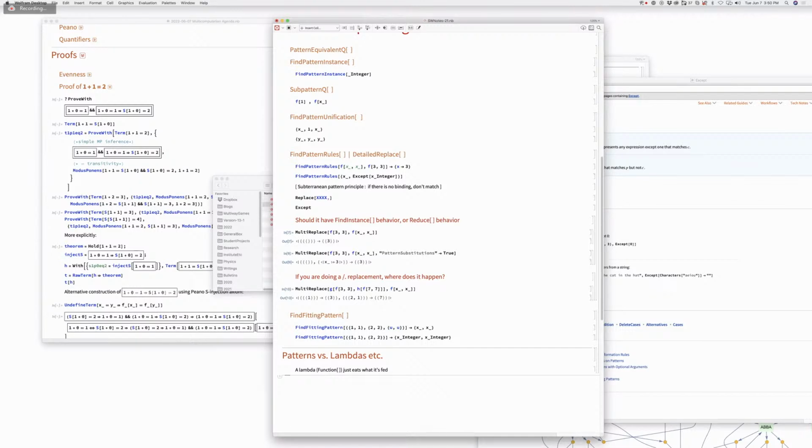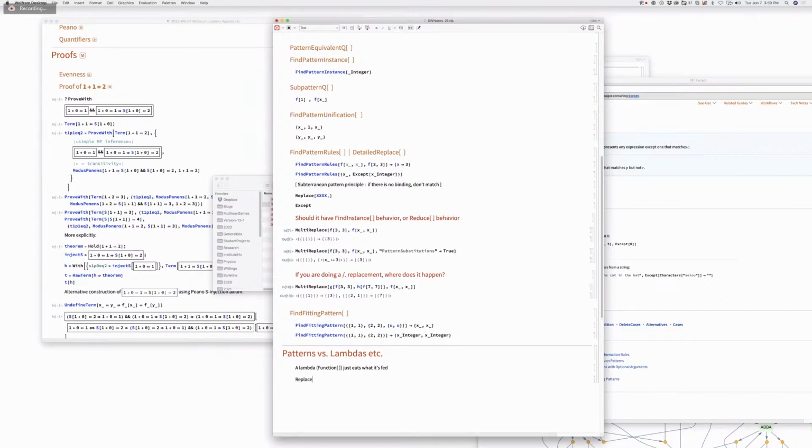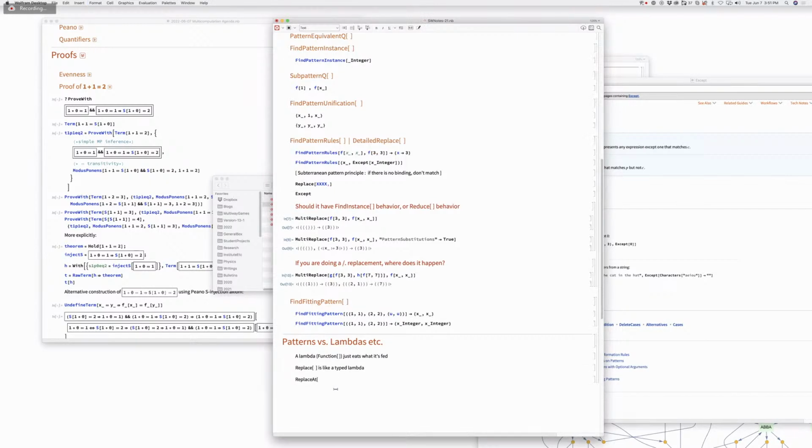So you're saying that replace is like a typed lambda. Yeah. And replace at is like this positional lambda. Right. Replace at is the minimal positional lambda. But then already replace all.